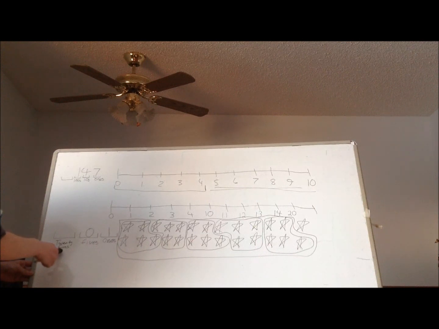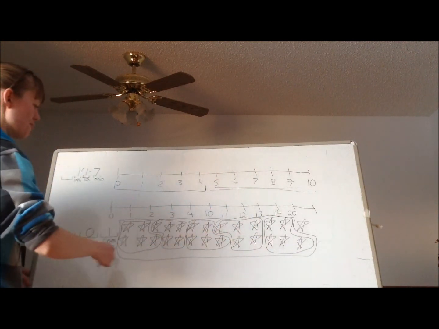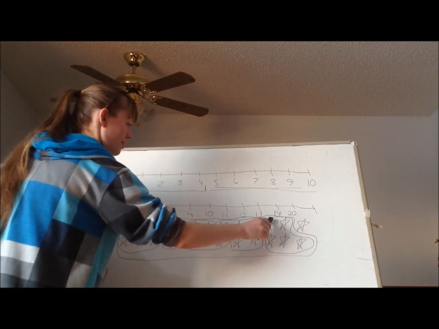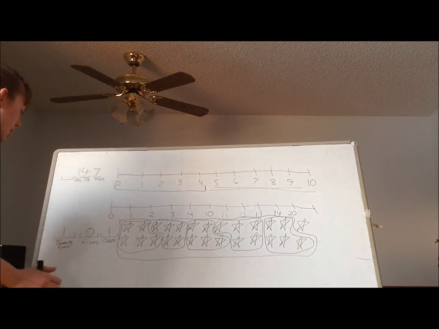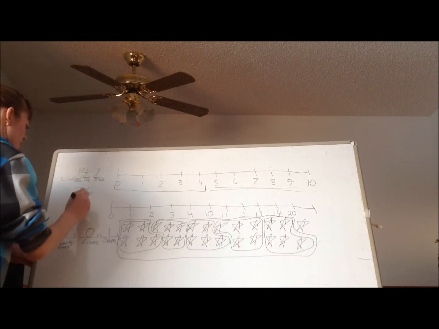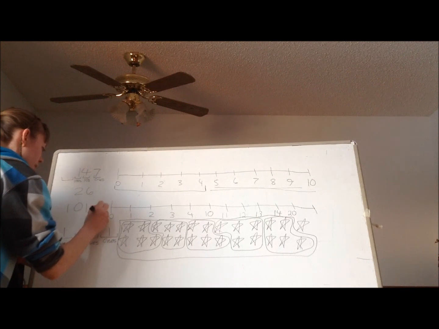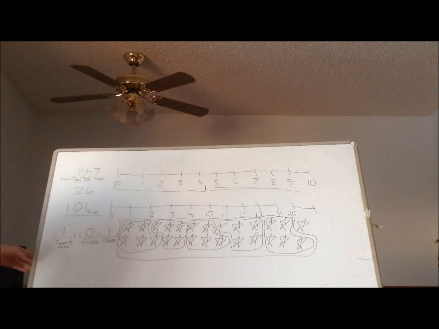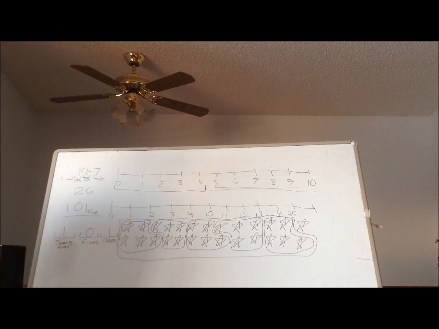And then if we look at 25s, we could say, well, we have one group of 5 groups of 5. So in base 5 notation, 26 in base 10 is 1, 0, 1, base 5. And that's how you write something in base 5, with the number 5 just below it as a subscript.